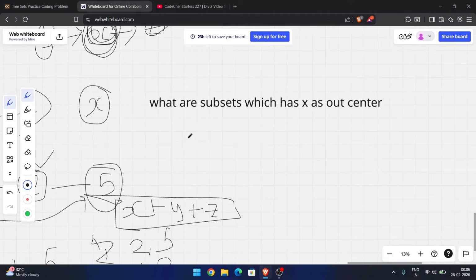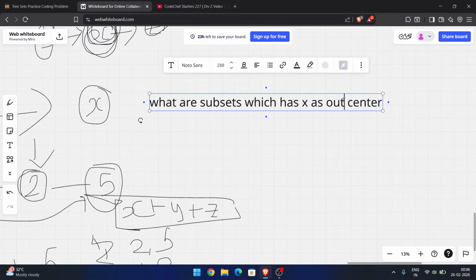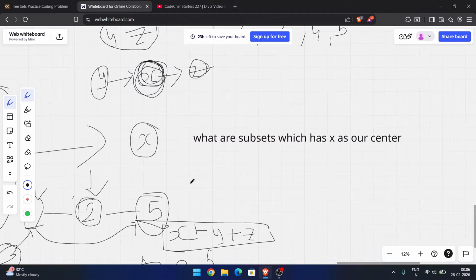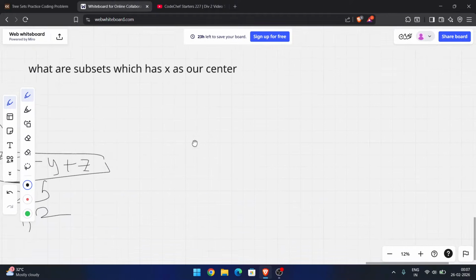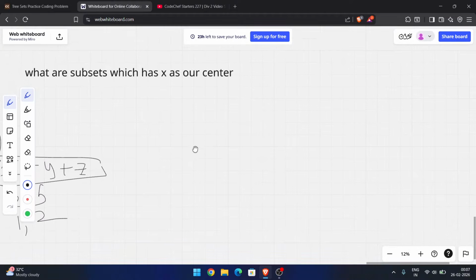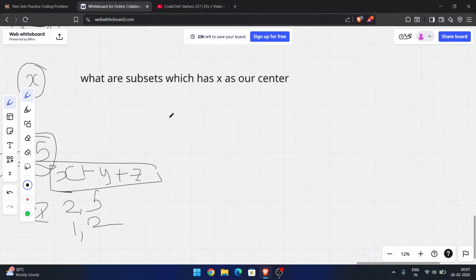Now how can we calculate the subsets which have x as our center? Let me first show you where I went wrong, and then we will move to the correct answer.